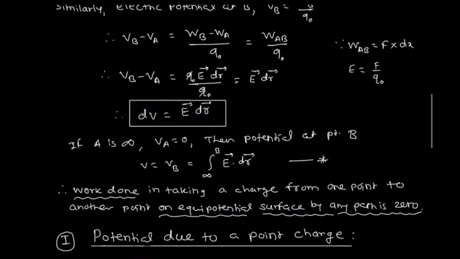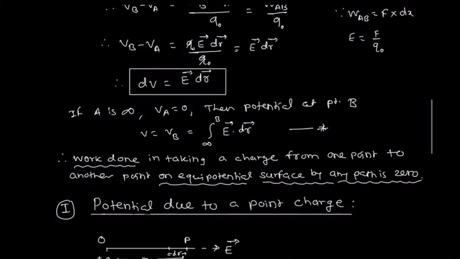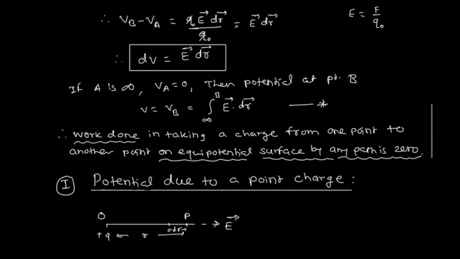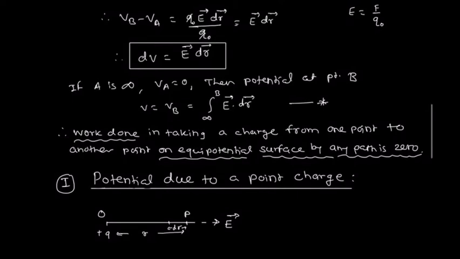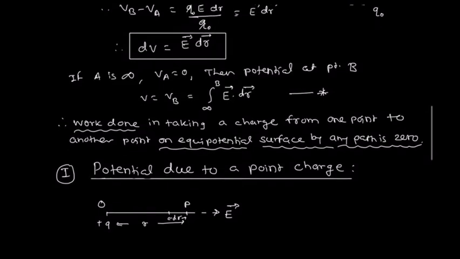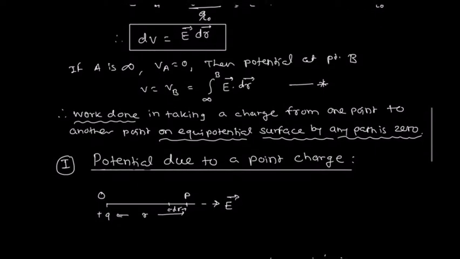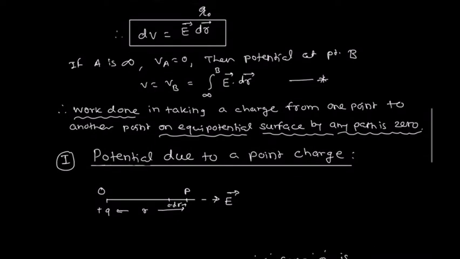Now, at a specific point we have to find the electric potential, hence the potential due to a point charge. How do we derive that term? In the same situation as we defined earlier, we select a point charge plus q at the point O. Its surrounding region is the electric field.